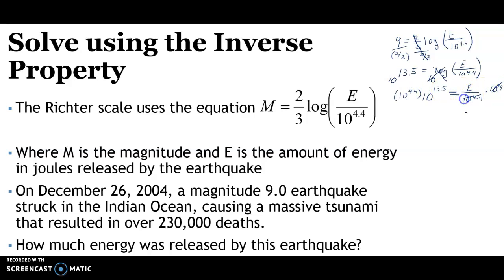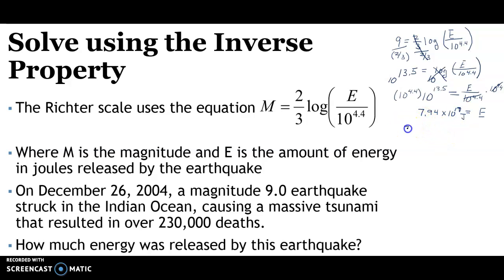These guys cancel, and so I'm left with the amount of energy is equal to, and I'll go out to my calculator, 10 to the 4.4 times 10 to the 13.5, and it gives me an answer in scientific notation because it is such a huge amount of energy. So I get 7.94 times 10 to the 17th power joules of energy.